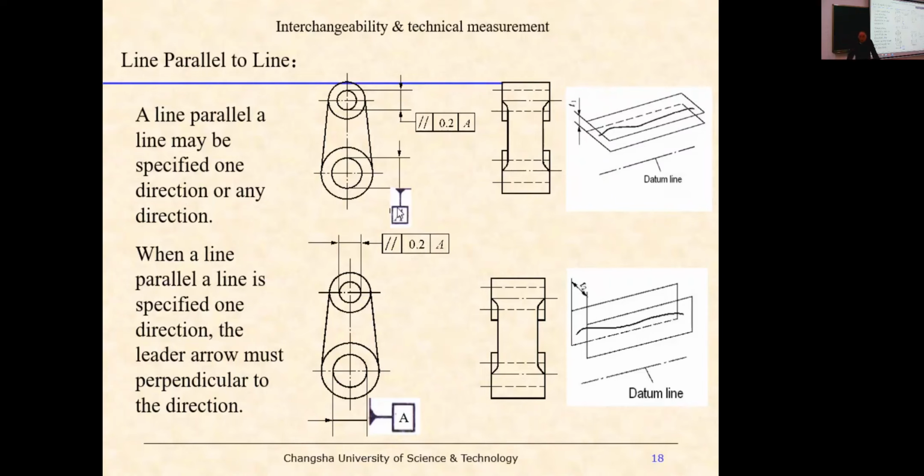You understand this one? I'm confused. When the arrow is in line with, I mean, this one is in the line. This statue is for the straight one, yes.